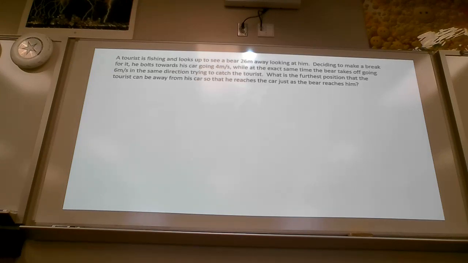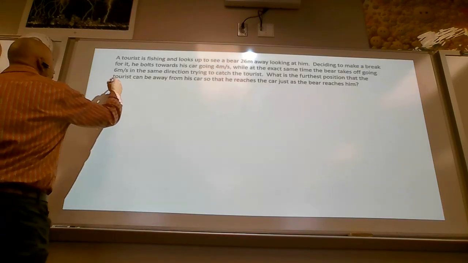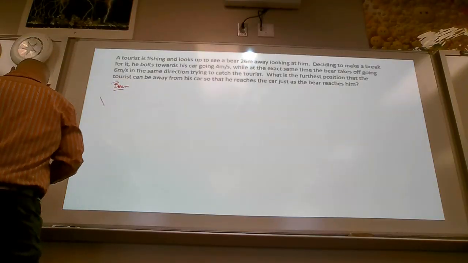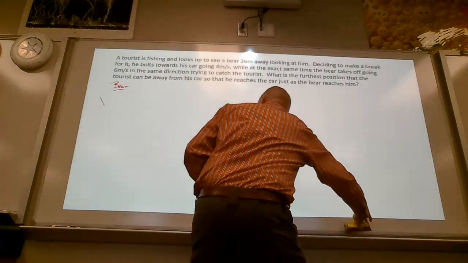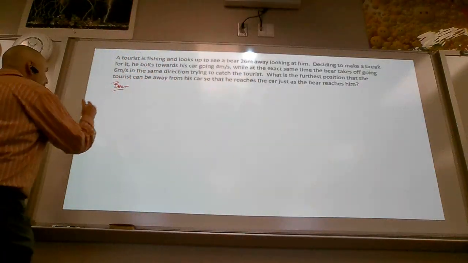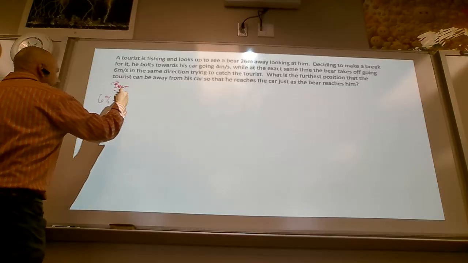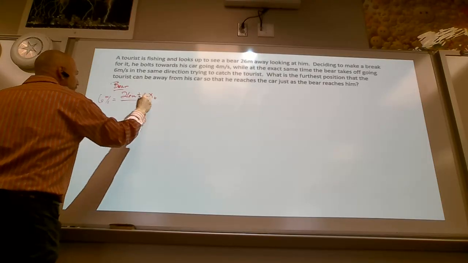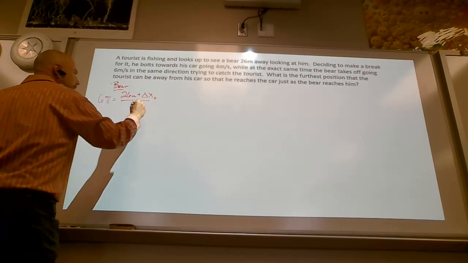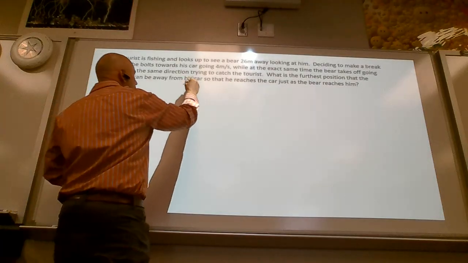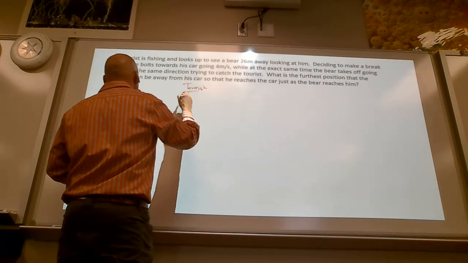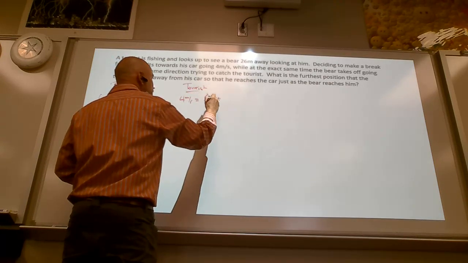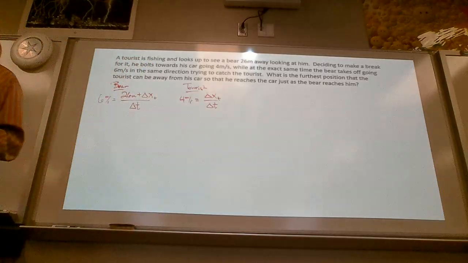So we had the bear, and we had an expression: 6 meters per second is equal to 26 meters plus the displacement of the tourist over the time. And we had the tourist, an expression of 4 meters per second is equal to displacement of the tourist over the time. I think that's where I left off.